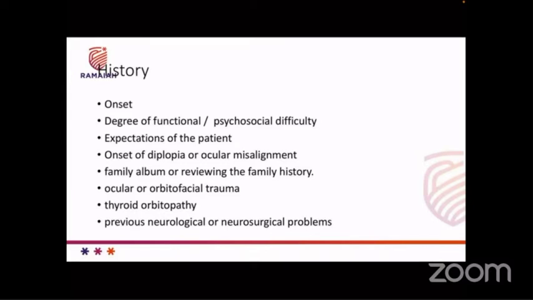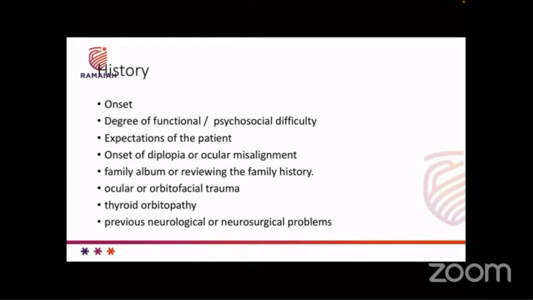You look through the family album and figure out whether there is any familial association. Certain diseases, such as in some cases Duane's, can have a familial association. And of course, you ask for ocular or orbitofacial trauma, because trauma in itself can be an important cause of restrictive strabismus. Thyroid orbitopathy, again, is a very important piece of information that you need to glean from the patient.